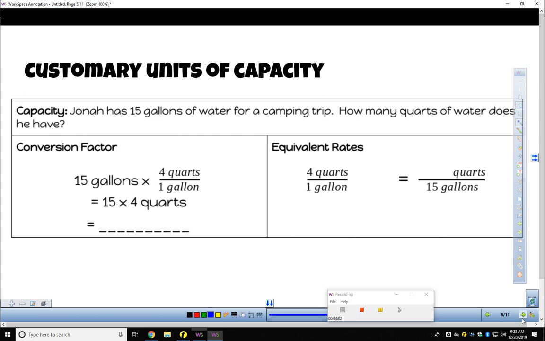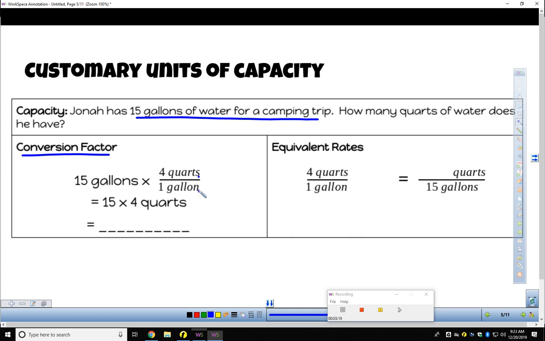If we're talking about capacity here, we've got 15 gallons of water for a camping trip. I want to know how many quarts of water that is. So I'm going to walk you through the two setups, and then we'll pause again and solve. Notice again, using the conversion factor, I know that 4 quarts is a gallon.